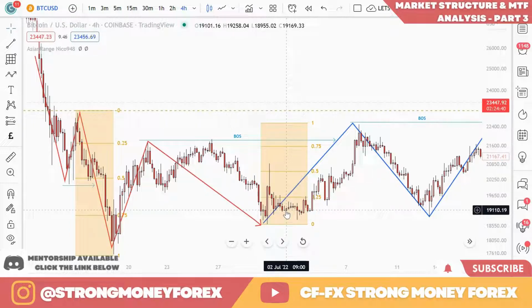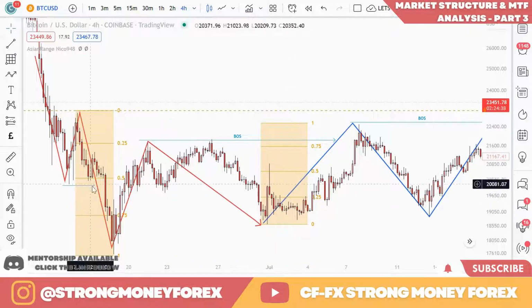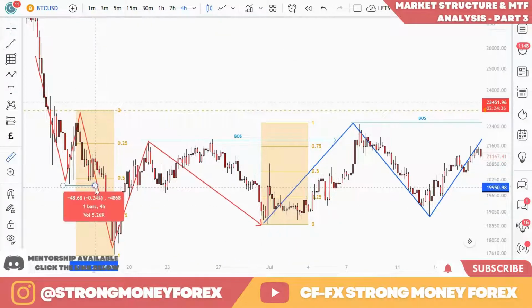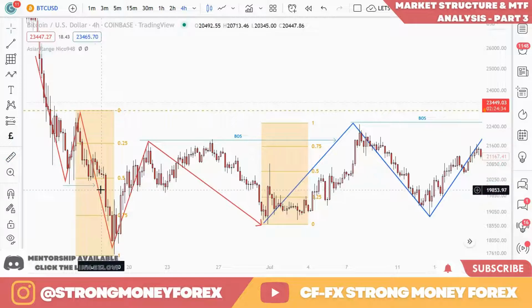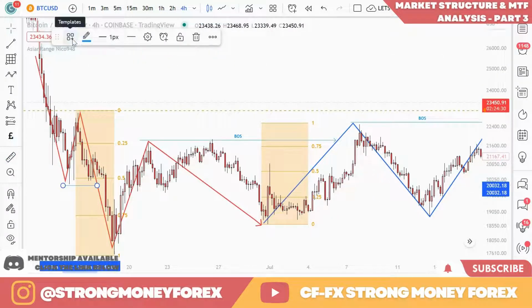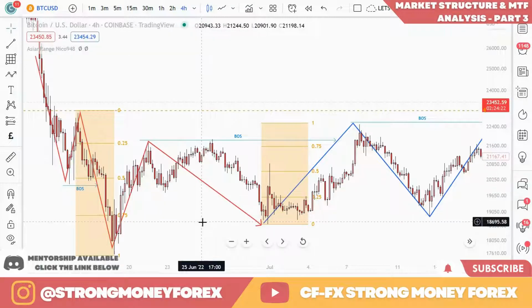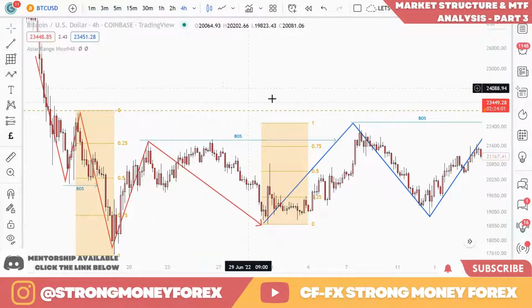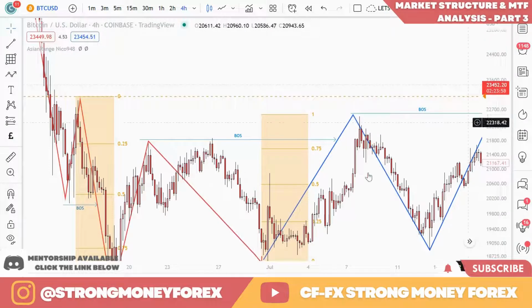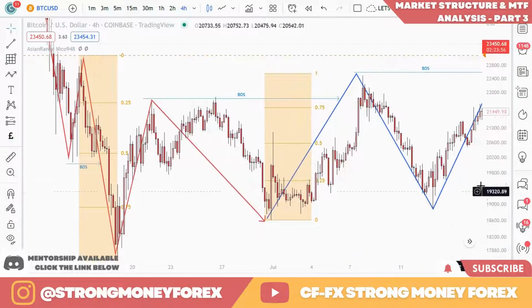Okay, so once we know what trend we're in, we can then use premium and discount to tell us where price is most likely to come back to, and B, most likely to reverse from. Okay, so tip number one was to show you where price is most likely to reverse from. Well, this is how we do it. We use a range finder, and that tells us where we're most likely to reverse from.